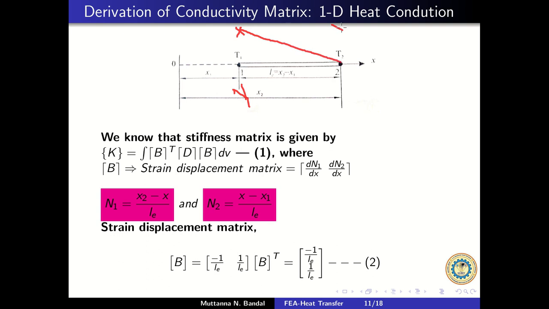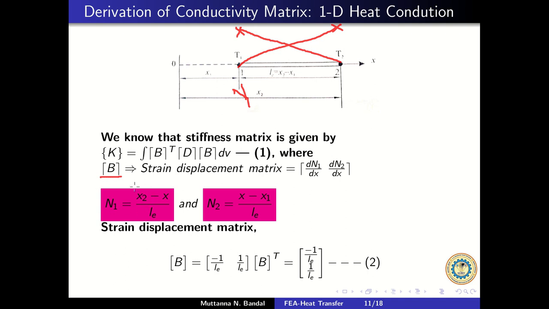Similarly, the shape function at node 2 will be maximum here and gradually drop here. So using this, I have written N1 and N2 here, and differentiate N1 and N2 with respect to x. That will give the strain matrix, dN1 by dx, dN2 by dx.